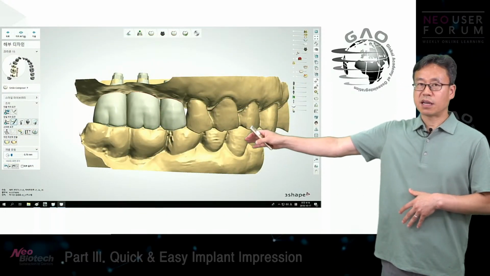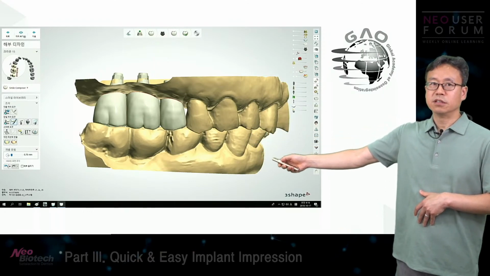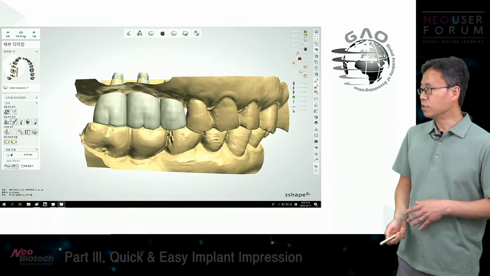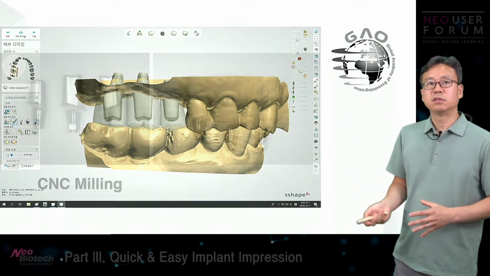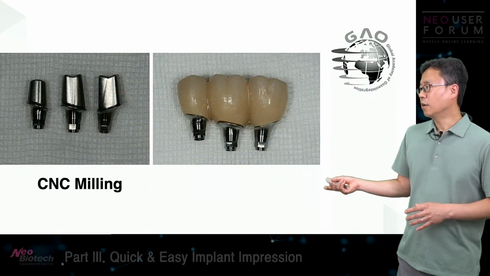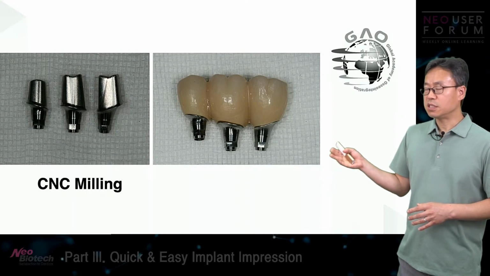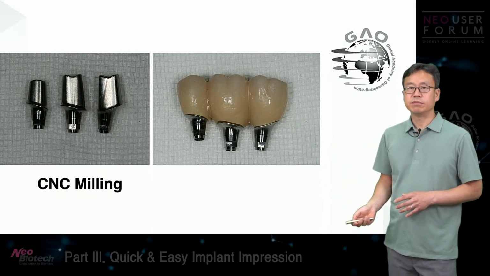The same case that I've just shown you. The full contour wax up to preview the final restorations, and then you can see through the abutments. These custom abutments are made by milling, the CNC milling, and the final zirconia crowns.